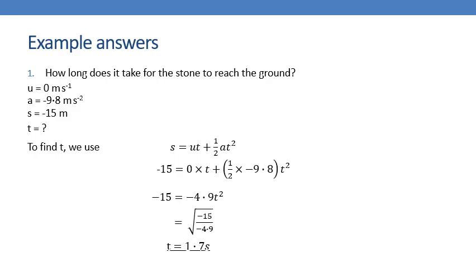What's the time taken to reach the ground? We can substitute all those values into s equals ut plus half at squared, and because we've got a negative 15 and a negative 9.8, the negatives cancel out to give us a time of 1.7 seconds.